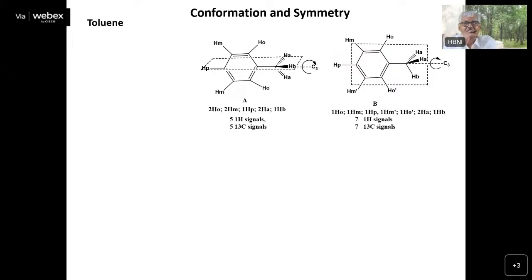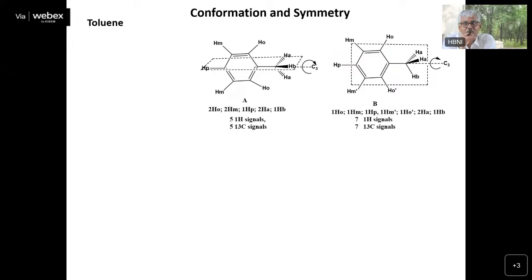If you see structure A, the left-hand side structure, the two ortho protons of the benzene ring are chemically equivalent, and two meta protons are equivalent. Similarly, two HA of the methyl are equivalent, but they are different from the HB.